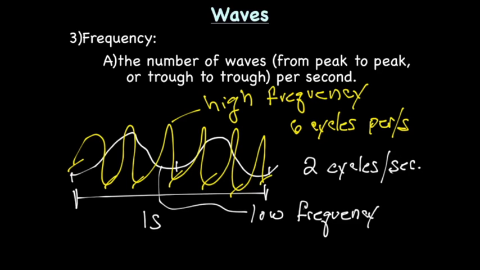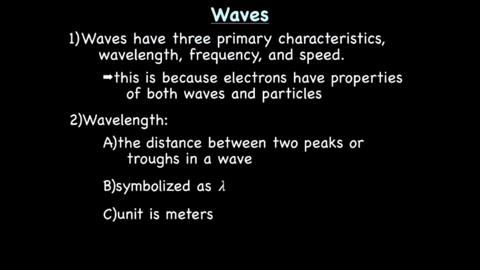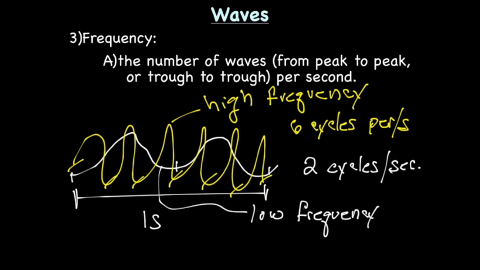You will also notice the wavelength, remember, is the distance between two peaks. If you have a high frequency like the yellow one, the distance between the peaks is less. So high frequency equals low wavelength. And with low frequency, there's a bigger distance from peak to peak, so a larger wavelength.